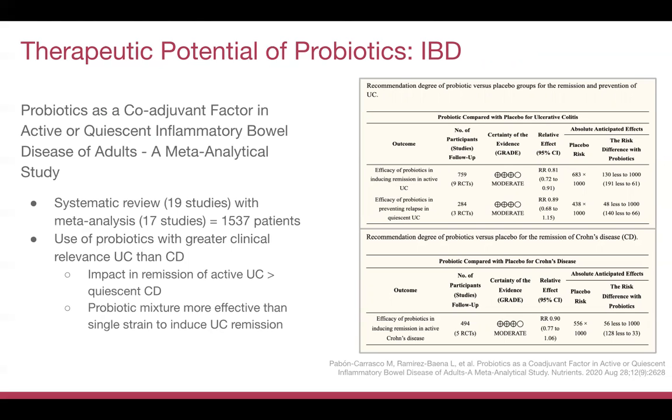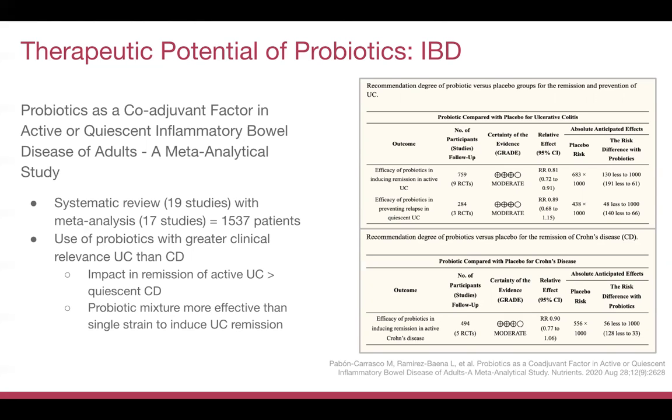Ultimately, 17 studies with a total of just over 1,500 patients were used. And the probiotics studied belonged to different families and were administered with a multitude of different doses. Interestingly, a total of 36 different possible agents were used in the studies. And the most frequently used included lactobacillus, the highest at 63%.